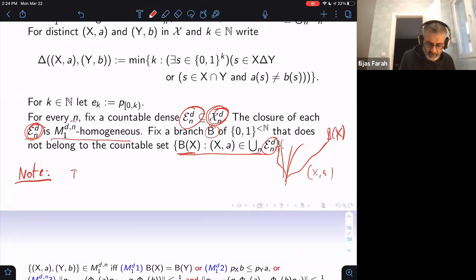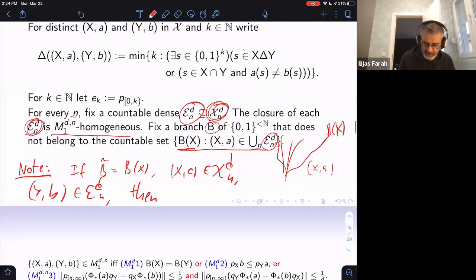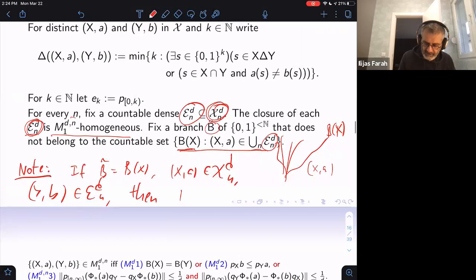So if B tilde is equal to BX, and XA is in XDN, and YB is in EDN, then this condition M1 fails, because B of X is different from B of Y.